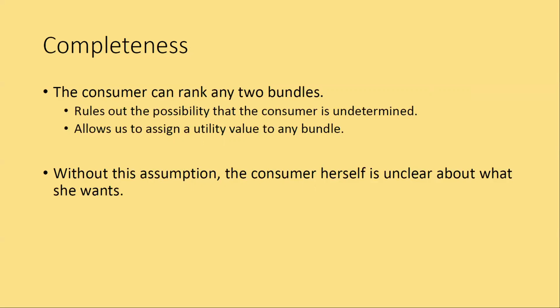When we ask her whether she likes bundle A or bundle B, her answer will be either I like bundle A better than bundle B, I like bundle B better than bundle A, or I like bundle A equally as much as I like bundle B. And this assumption allows us to assign a utility value, which is the value of the utility function, to any consumption bundle. And we can analyze the problem more easily.